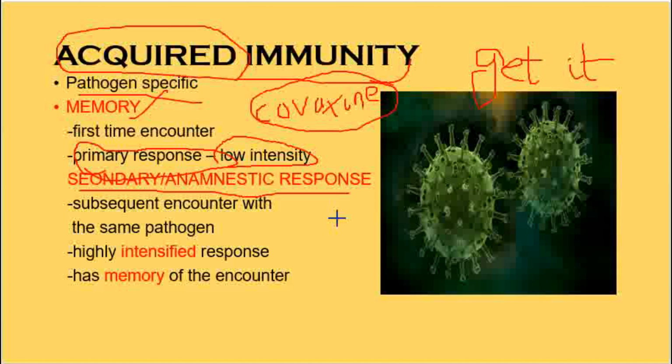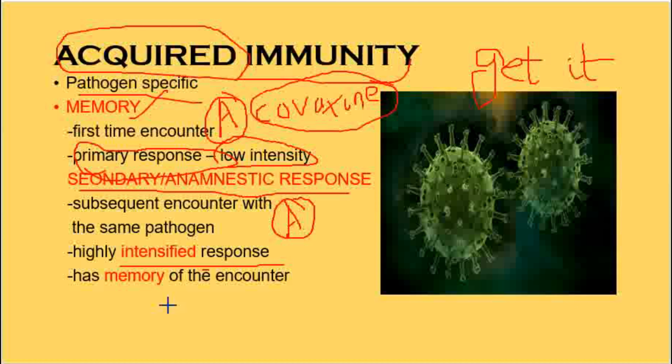Let's take type A bacteria. Let's say type A bacteria is infecting you during a first encounter. The same A is going to infect you the second time. Your immune system has a memory of this type A bacteria. So during the second encounter, it gives a secondary or anamnestic response. It is a highly intensified response.